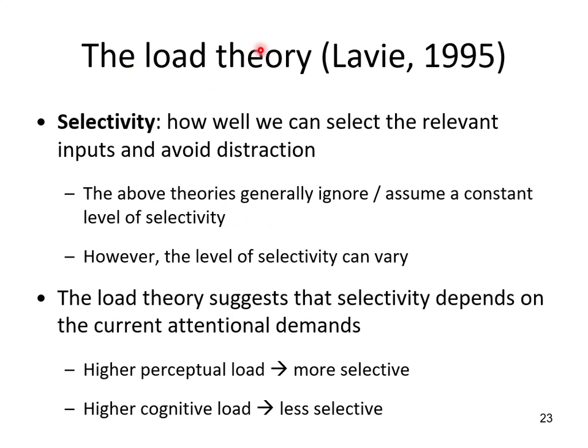The load theory today wants to describe what factors may affect our level of selectivity. Will there be some factors that influence us so that sometimes we can select better and ignore better, or sometimes we may select less effectively and process the distraction more?